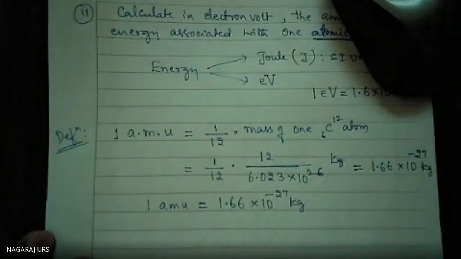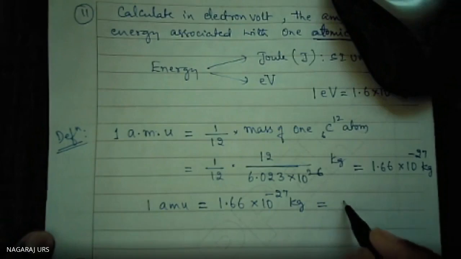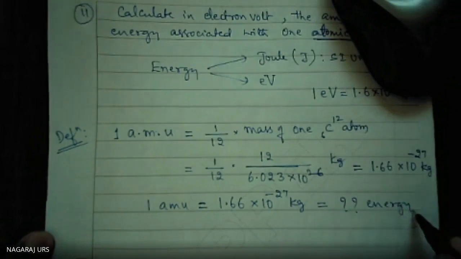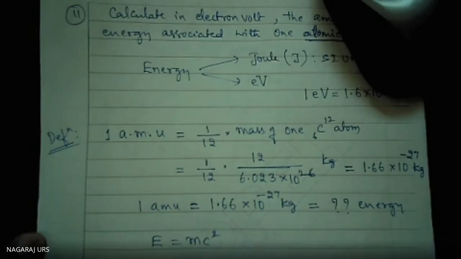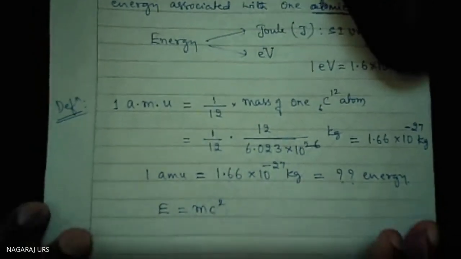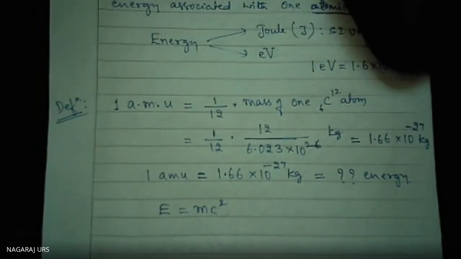Okay, clear. Now we want to convert this atomic mass unit in terms of energy. Corresponding to this, what is the amount of energy? We know that energy E is equal to mc square, a second PUC or final degree formula.